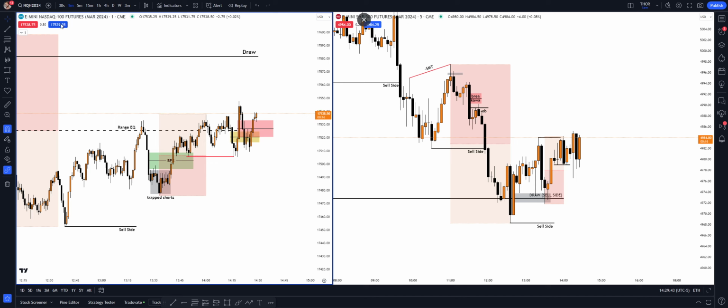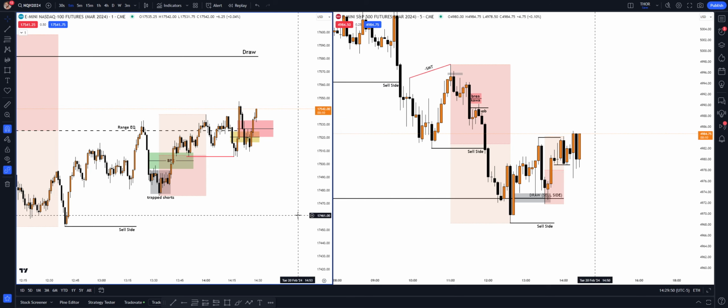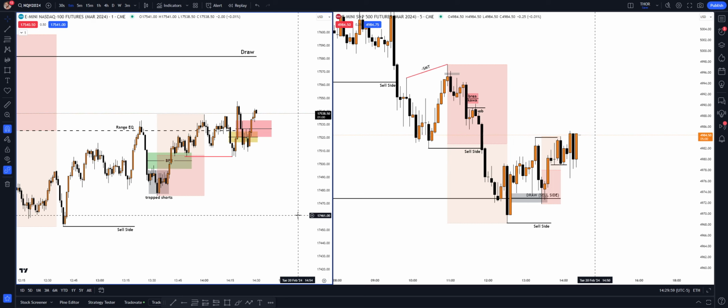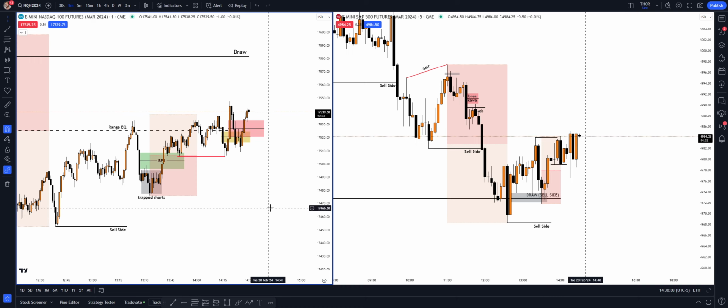I gotta fix my setting. I don't know why this is 35. Should be 50. Now 5 minute candle close. Now I want to see expansion higher, like within the next 5 to 10 minutes.